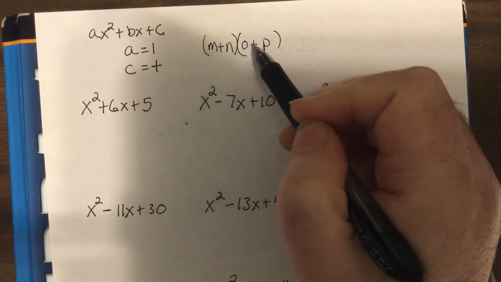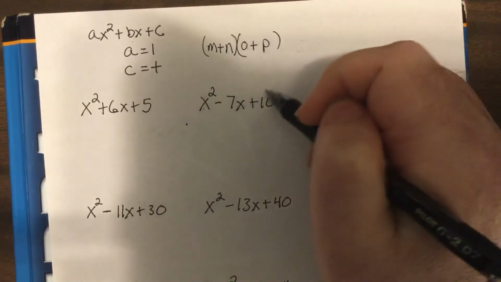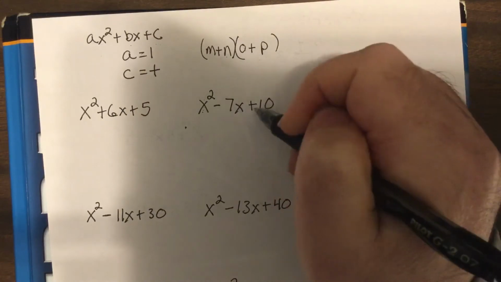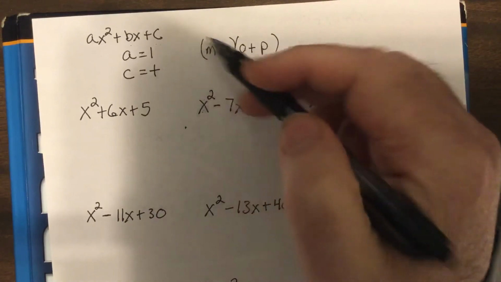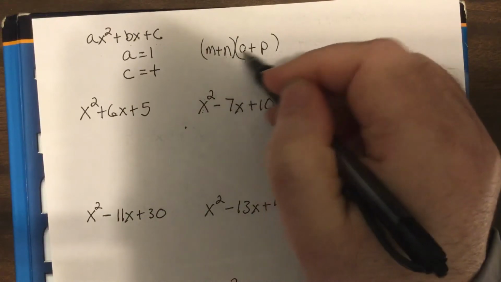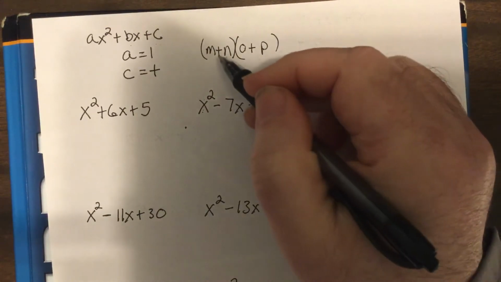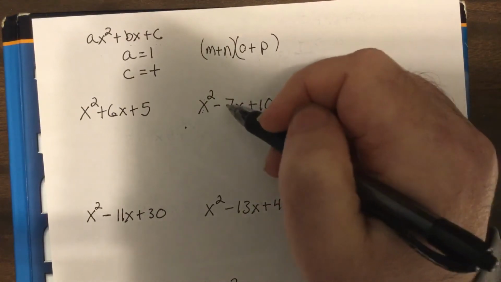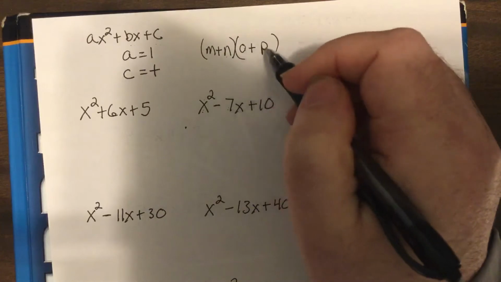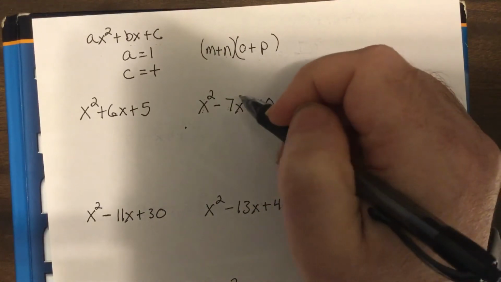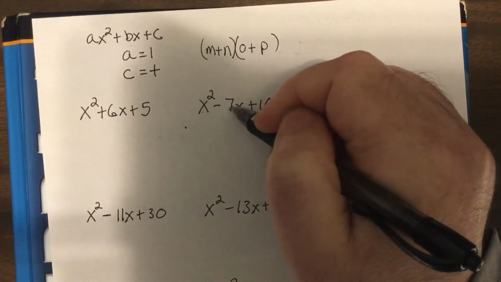Then how do you get the last term? Well, that's by going this times this. And if the last term's plus, that means both signs have to be the same. 2 negatives make a positive, and 2 positives make a positive. Then how do you get the middle? Well, it's outer and inner. So you multiply to get this number, you add the 2 numbers to get this.